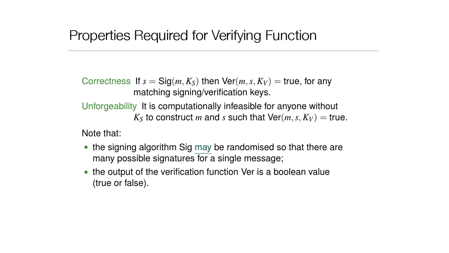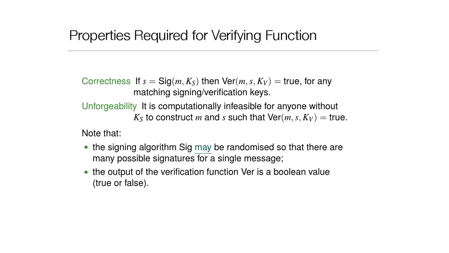So it should be correct. If there is a correctly created signature and message pair, using the verification key KV it should be able to correctly verify the signature. It should always be correctly verifiable.